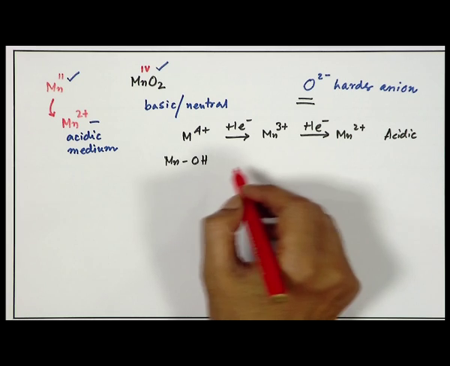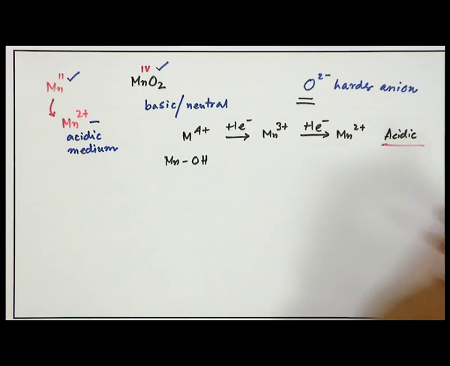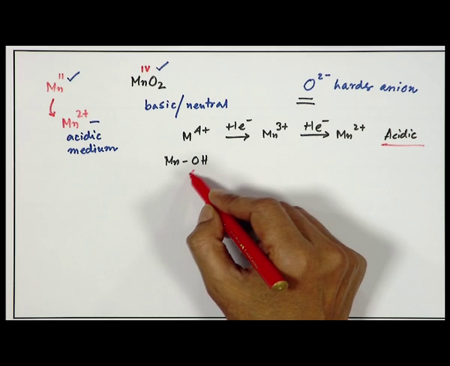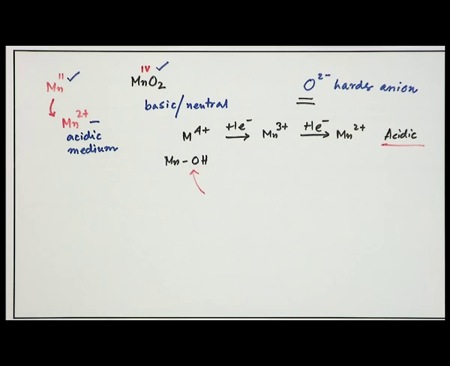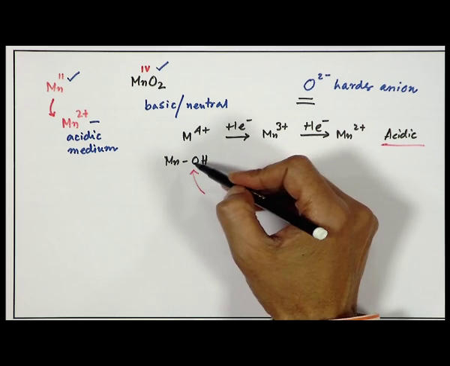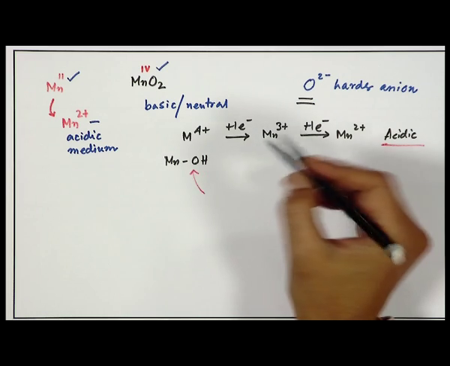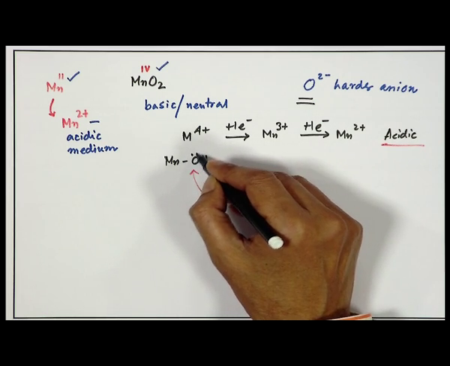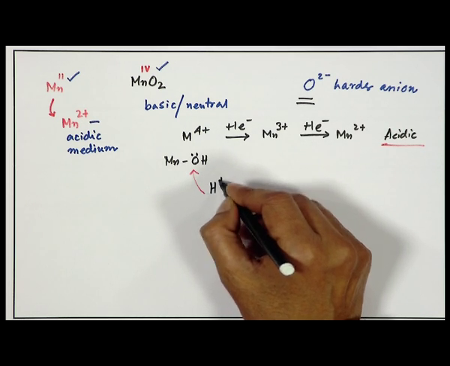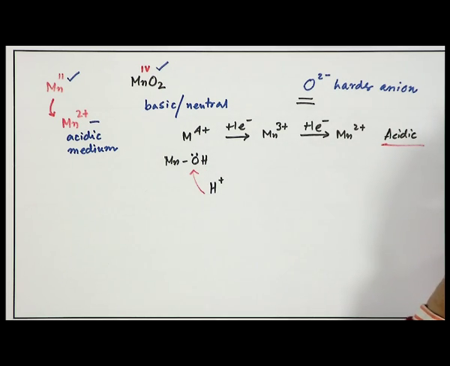If the medium is acidic, you can go for the corresponding protonation. It is not that the hydroxide ion with its lone pair of electrons is binding to this manganese. The lone pair of electrons is still available to bind H plus. What happens then?